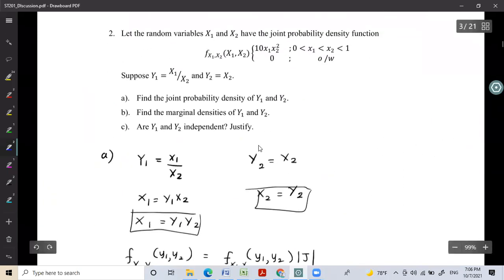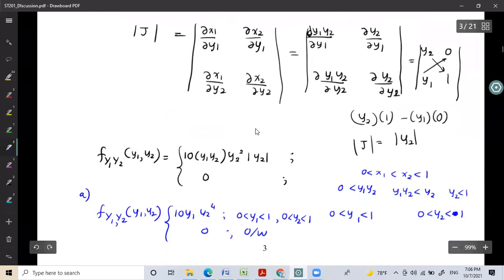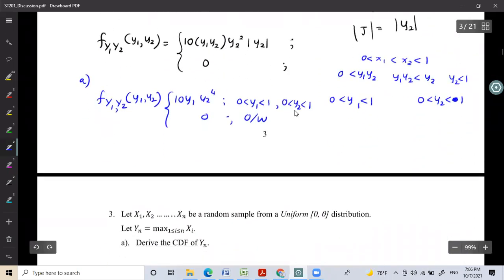And then you have to find the marginal densities of y1 and y2. How do you do that? I don't have enough space, anyway, we'll see. How do you find the marginal density of y1? You have to integrate the joint density. If you need f y1, you have to get rid of the other variable, so integrate y2 from 0 to 1.